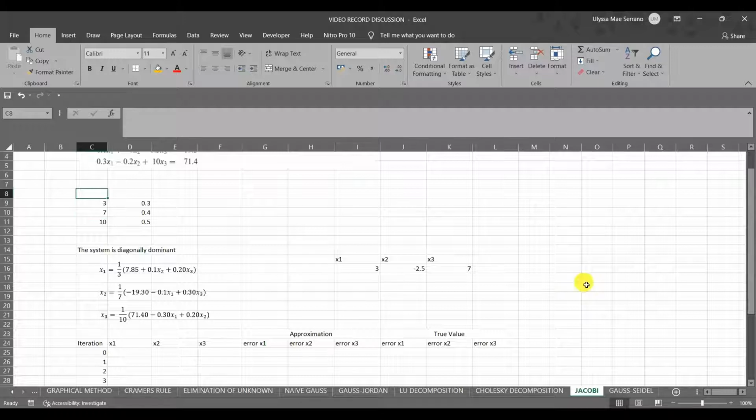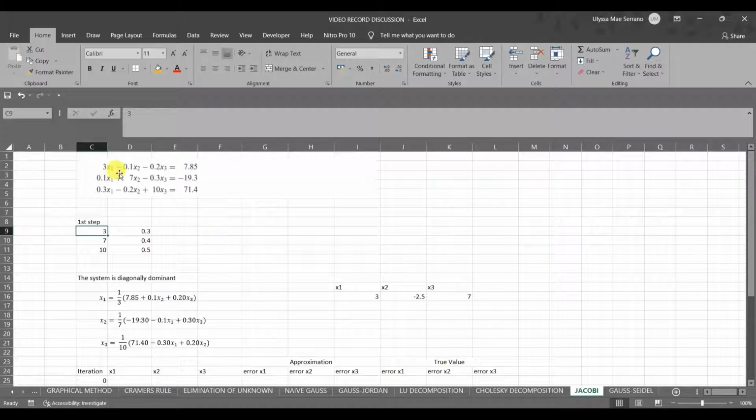First, on our process, this is the first step. This is checking if the diagonal values of our equation are dominant. So we have here, based on our previous calculation, the true values of our x sub 1, x sub 2, and x sub 3. And class, take note, in applying the first step, which is checking whether the system is diagonally dominant, we're going to use the absolute values of each coefficient.